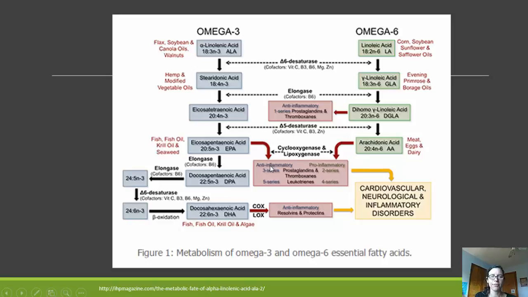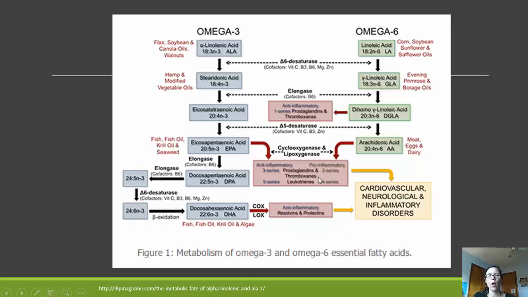So here we have the 3 and 5 series of the prostaglandins, thromboxanes, and leukotrienes, whereas in arachidonic acid we have the 2 and 4 series of these eicosanoids. We also see that ultimately EPA is converted to DHA, which has its own anti-inflammatory properties.